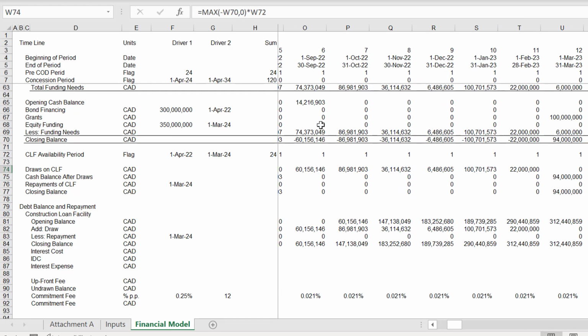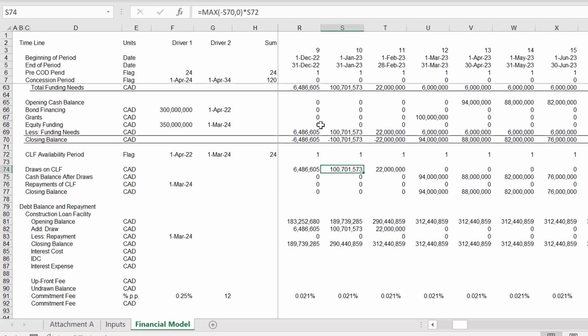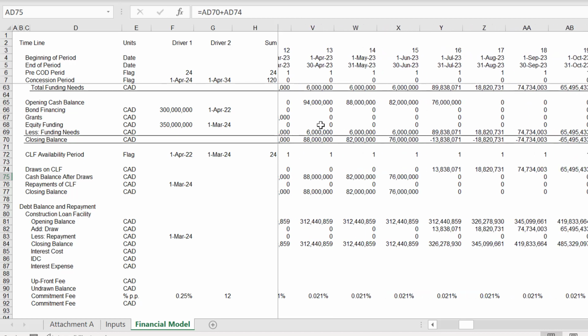is more reasonable, and then we get a positive cash balance, and we don't have to borrow anything here.